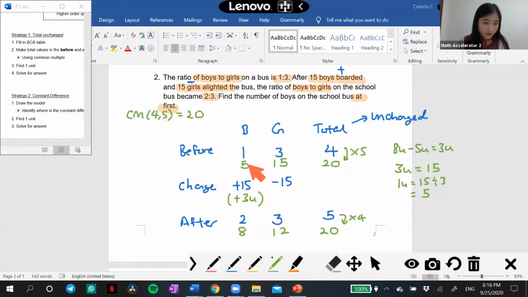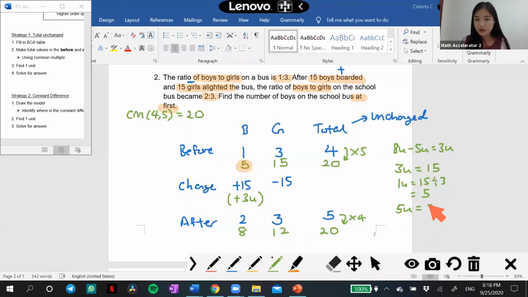Okay, you're supposed to look at 5. Okay, correct, Ian. 5 units. Because it is the equivalent one. Right, always look at the equivalent ratio. So 5 units at first for the boys.